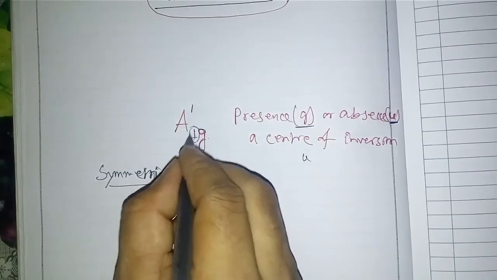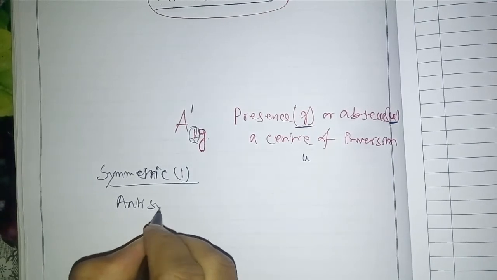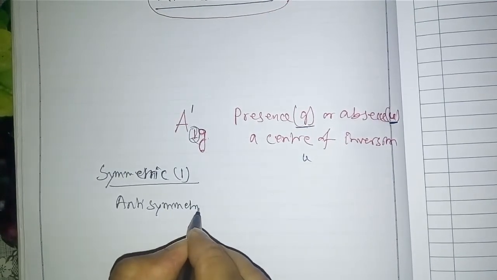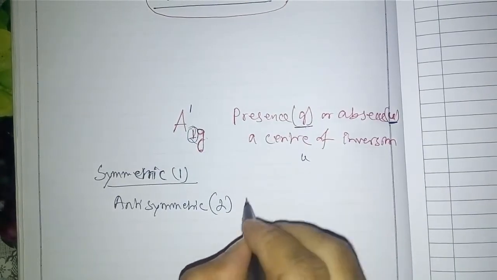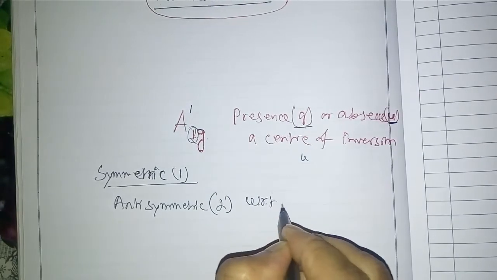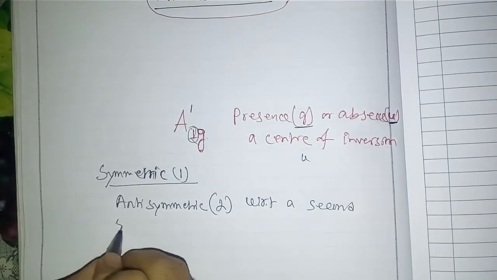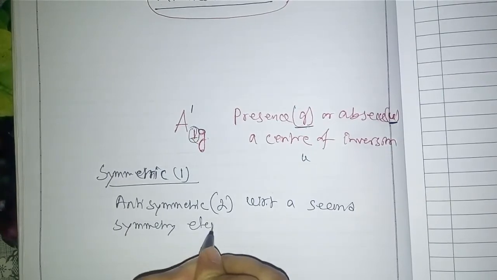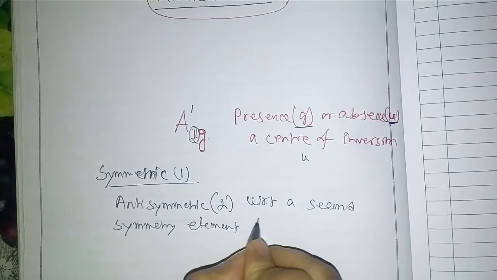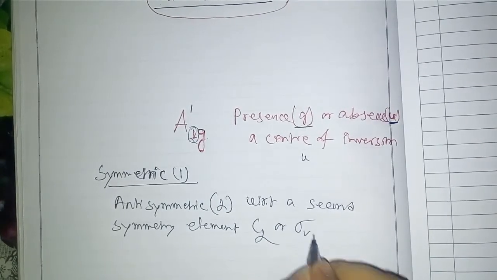If 2, suppose any 2 is there, then you can use anti-symmetric, that means 2 with respect to a second symmetry element, that means C2 or sigma v.